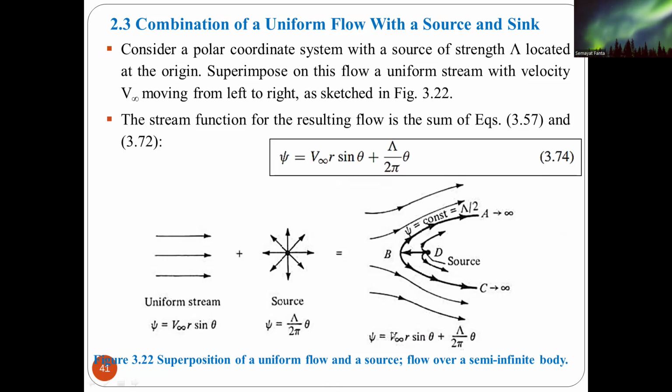When we superimpose them, the new ψ for the combined flow is V∞ r sinθ plus the source strength divided by 2π times θ. This is the equation that we developed from the two.